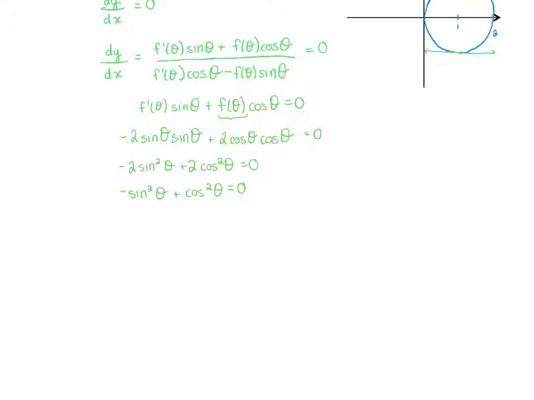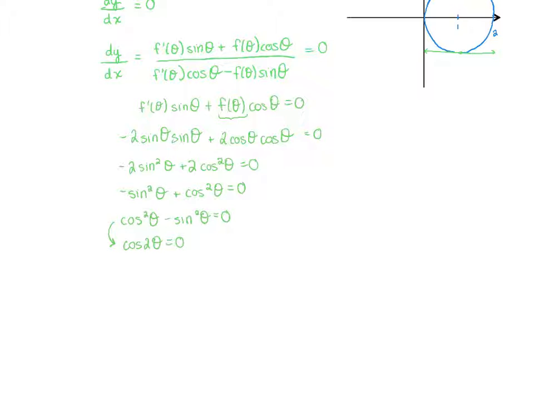And if I rearrange this, I actually get a nice convenient little trig identity: cosine squared theta minus sine squared theta is equal to cosine 2 theta. So from here to here, this is just a double angle identity. This is equivalent to cosine 2 theta equals 0. How did I know I wanted to do that? Well, I would rather be solving something with one trigonometric function than 2, although I'm sure there are other ways that you could go about this.